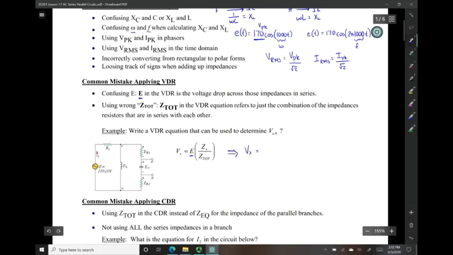So if we're looking for a particular voltage drop across these equivalent elements, instead of Z total, we're going to say Z equivalent series. Because when we think of Z total, we think of the entire circuit, which may not be a completely series circuit. So if we write it this way, we're less likely to make these types of mistakes.